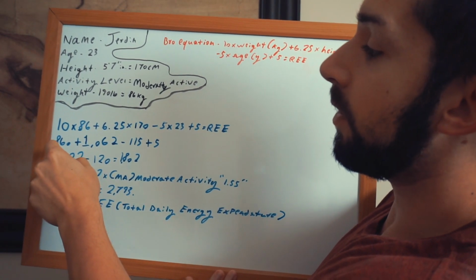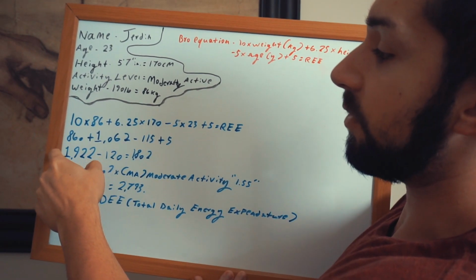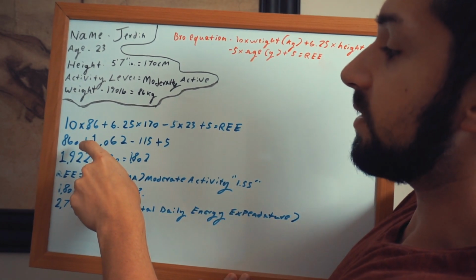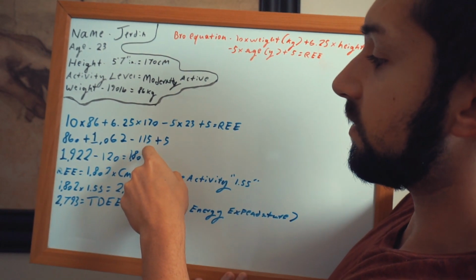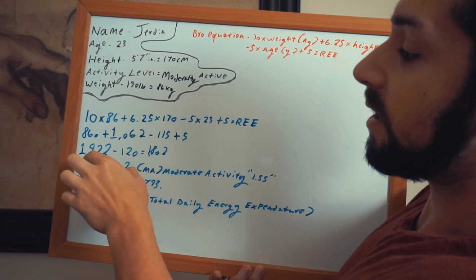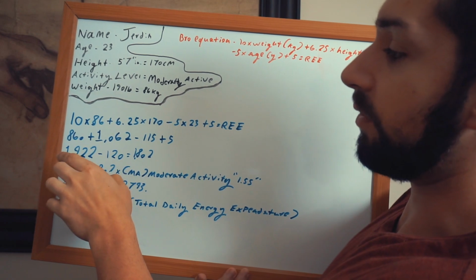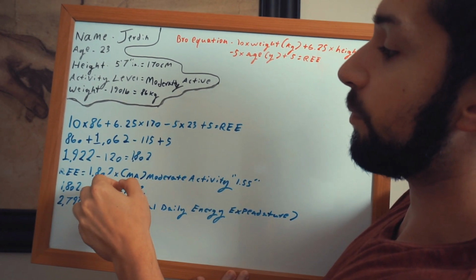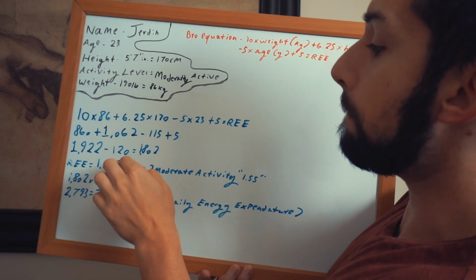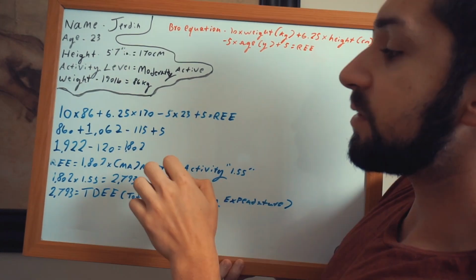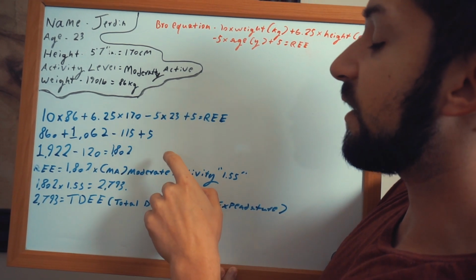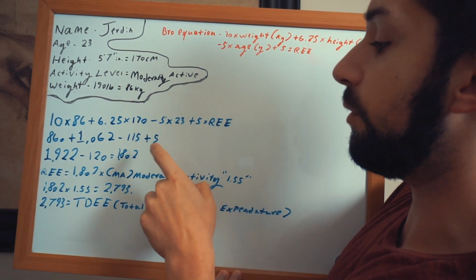Now if we narrow this down, we get 10 times 86 equals 860 plus 1062, which is 6.25 times 170, minus 115 plus 5. Now if we narrow that down, we get 1922, which is what 860 plus 1062 comes out to, minus 120 equals 1802. So that gives us a resting energy expenditure level of 1802 calories.